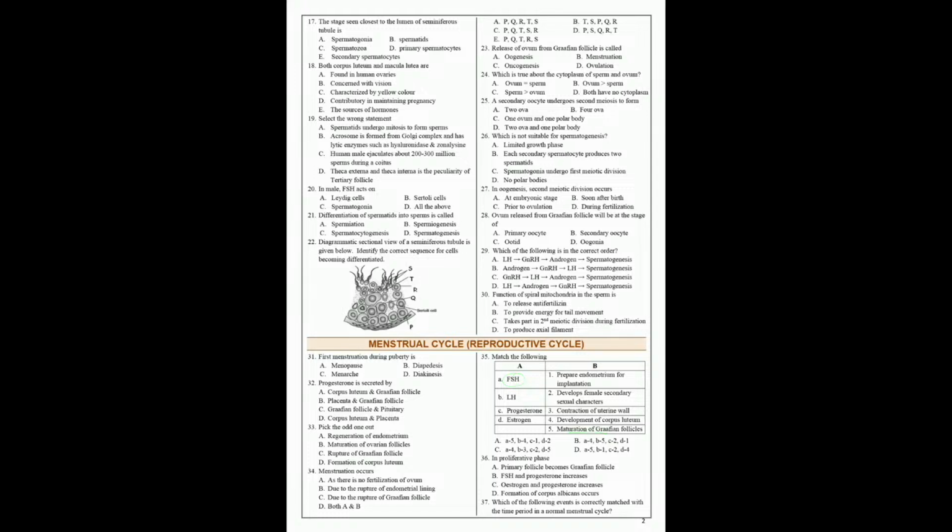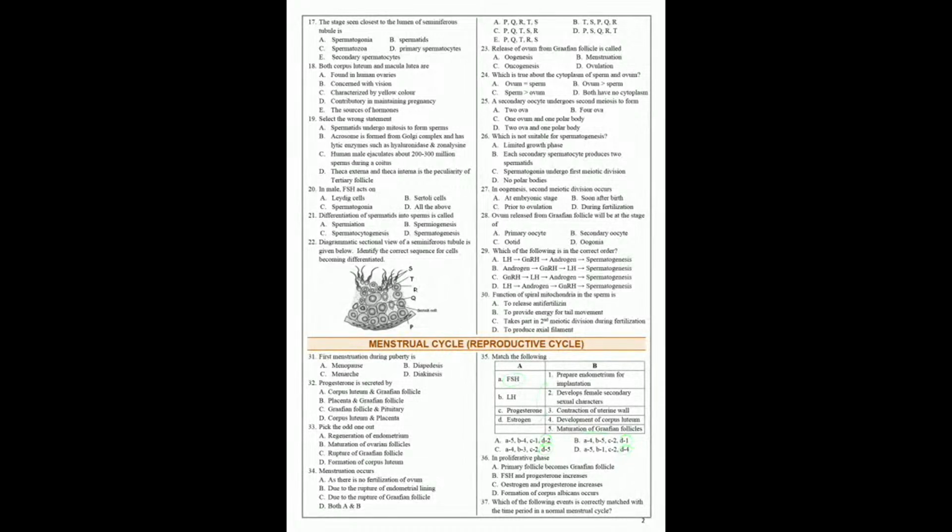All right. So here, contraction of uterine wall, D will not be 3, because it is not given in any option, so we should not consider that. But yes, the preparation of endometrium is progesterone. That is C1, so we can go with C1.